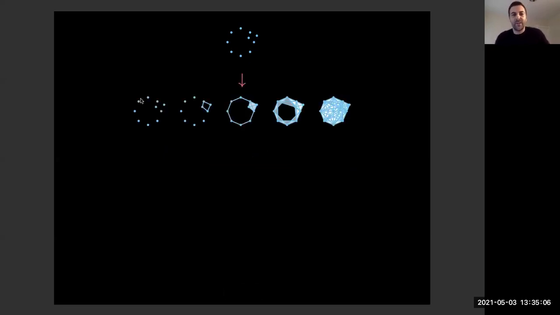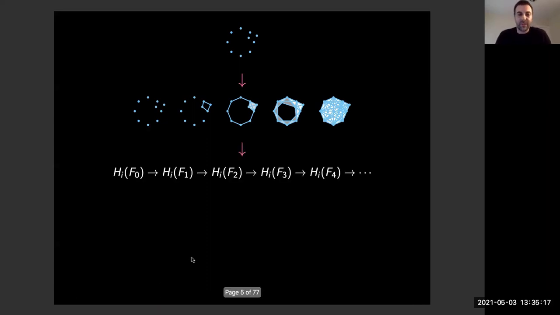To share with you the familiar illustration of this pipeline, we start with, say, a point cloud. Here, the point cloud lives in R2. Given that point cloud, we can associate to it, say, the Vietoris-Rips filtration or the Čech filtration. And then applying homology gives us this linear shaped diagram of vector spaces like this.